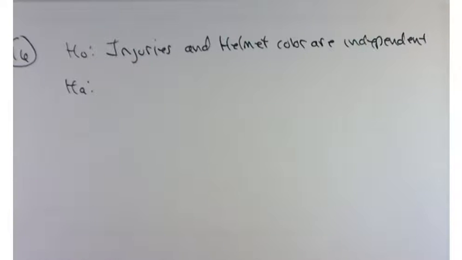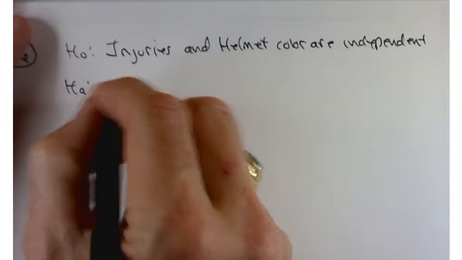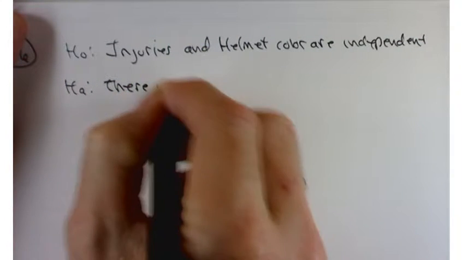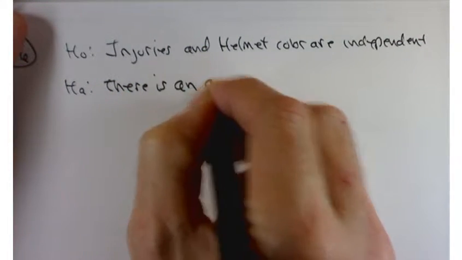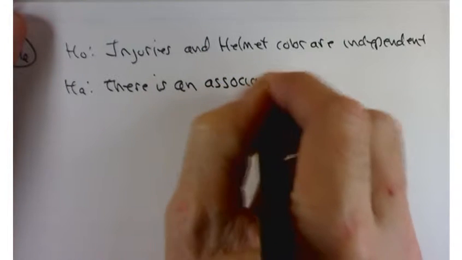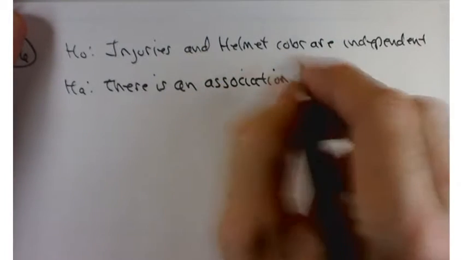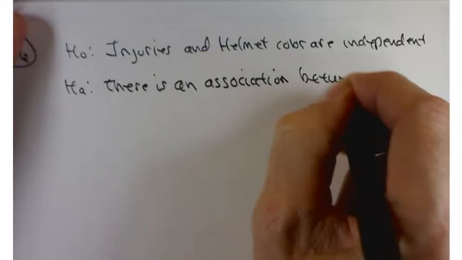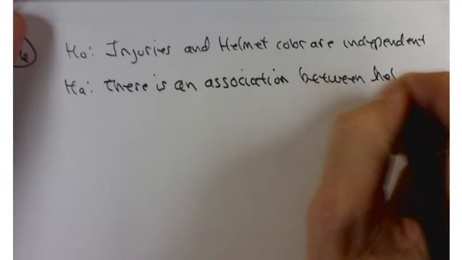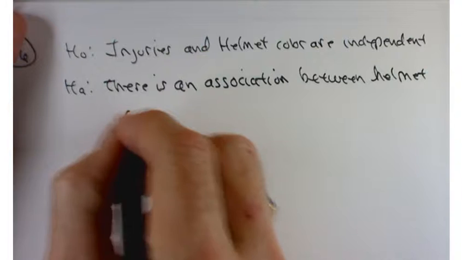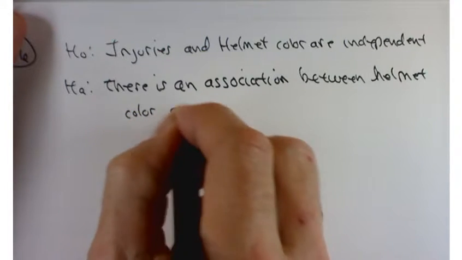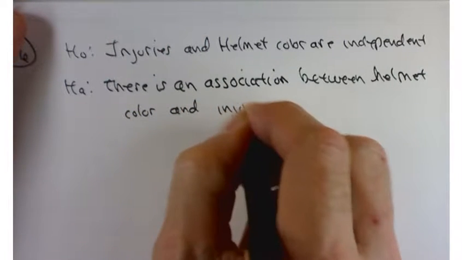What should I state for the alternative hypothesis? There's an association between helmet color and injury/death.